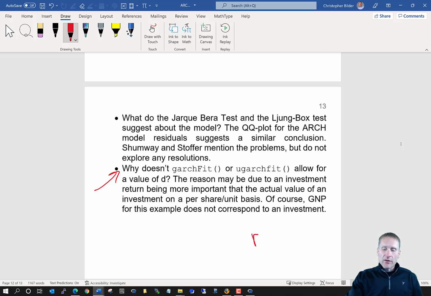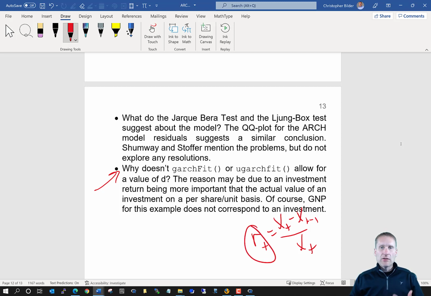And if you looked at the return, let's call it R sub t, essentially those first differences are built in already. So if this is truly what you want, you don't need to do further first differences, and you can just interpret that R sub t itself and model that R sub t itself, and you're done.